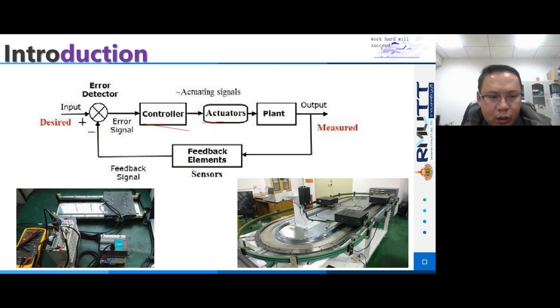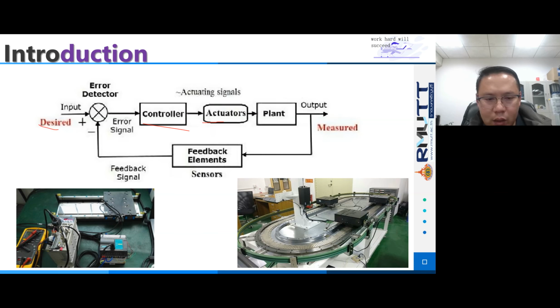The difference between the rotation system is the actuator. The actuator is linear motion. Next, I will briefly explain how the system works.